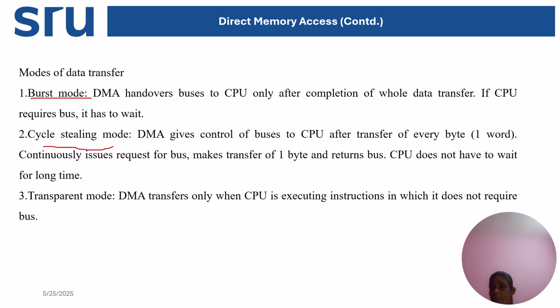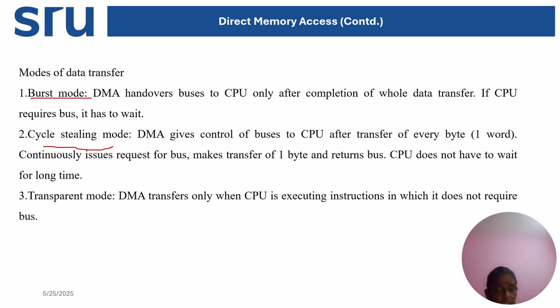In this way, for every transfer of one byte, since it is giving the bus to the CPU, during that time the CPU is able to perform the high priority operation, so the CPU need not wait. But in burst mode, it has to wait. But here the CPU does not wait.